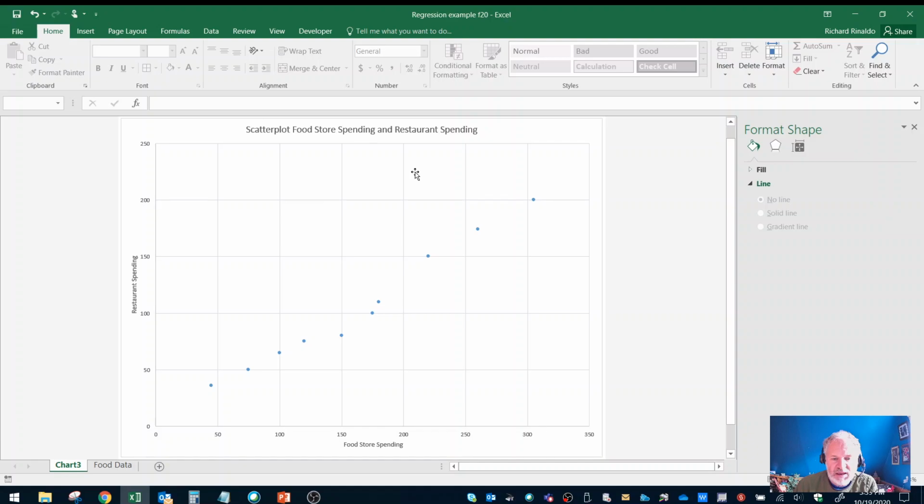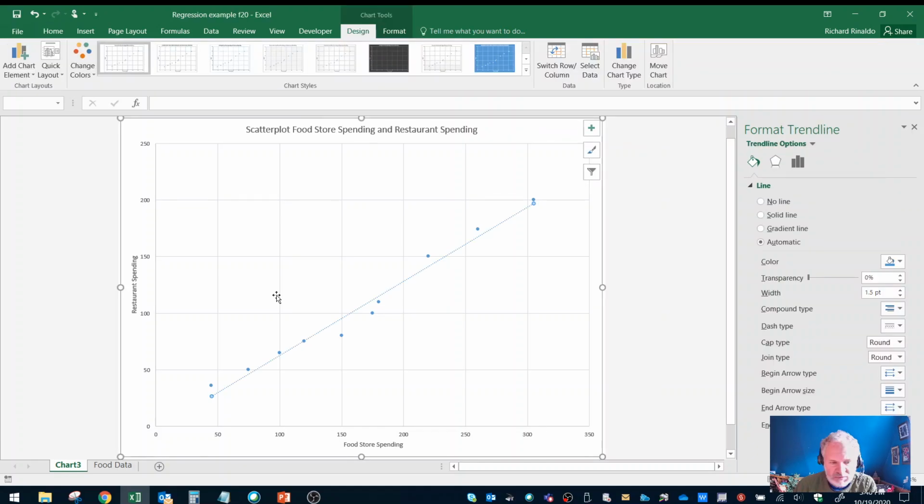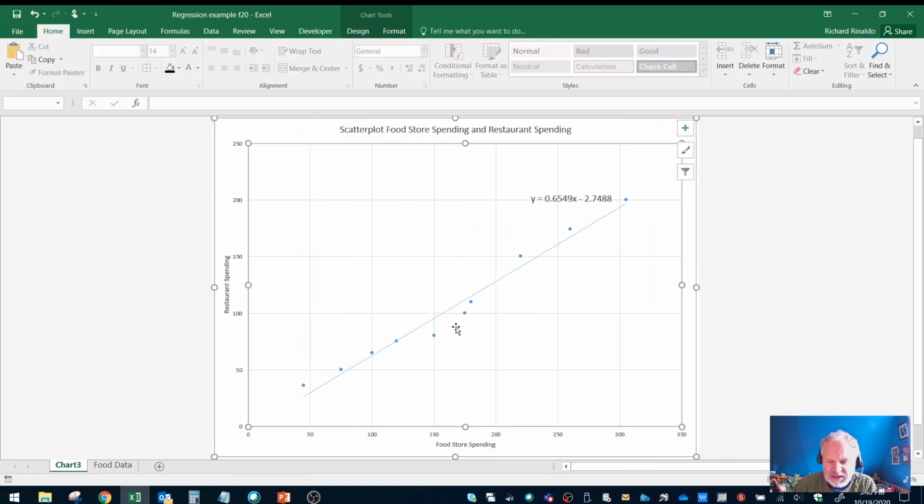I'll add more trend options. I want linear, and I can also display the equation. So this will replicate what we've seen. And there is our equation. I can make that bigger. And that should replicate what we did over here.